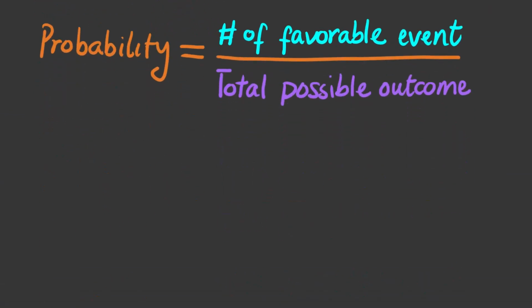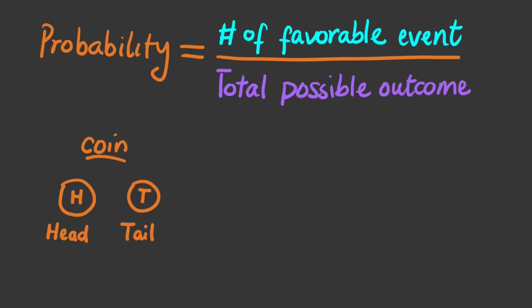For a coin, we have only two possible outcomes. One is known as the head, and the second is known as the tails. Once we have these two possible outcomes, which are the total, we focus on the probability of getting a specific outcome, our favorable outcome, which in this case is a head.